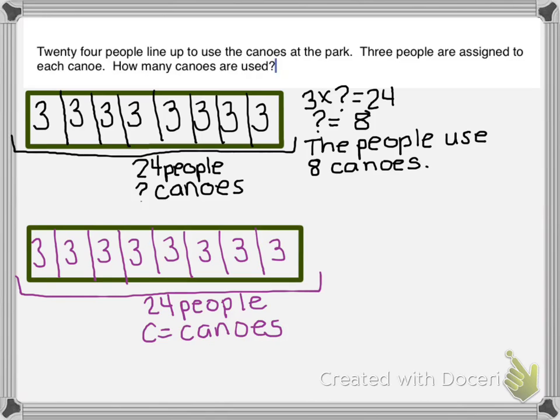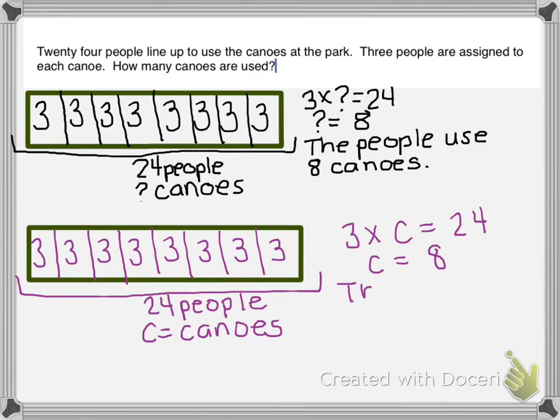When I change the unknown to a letter, our equation then looks different. Instead of 3 times question mark equals 24, we would now have 3 times C is equal to 24. C is equal to 8.